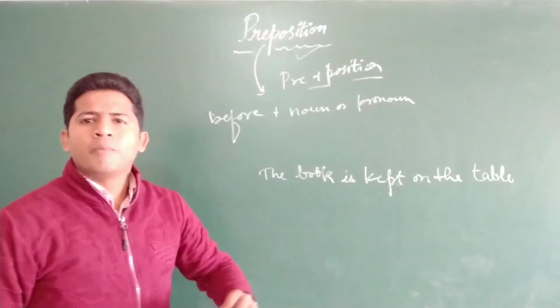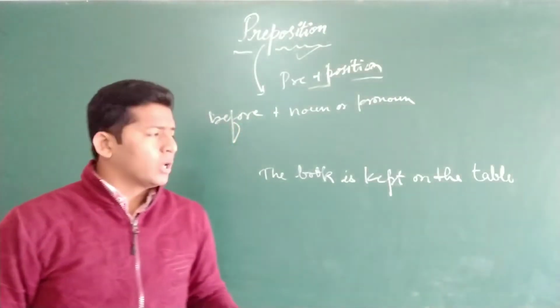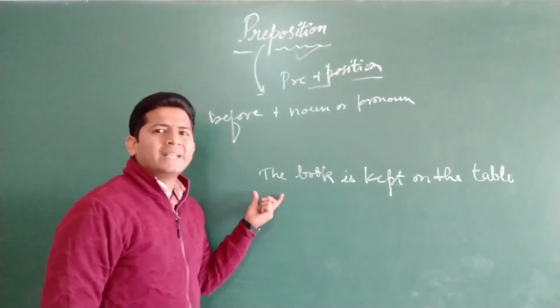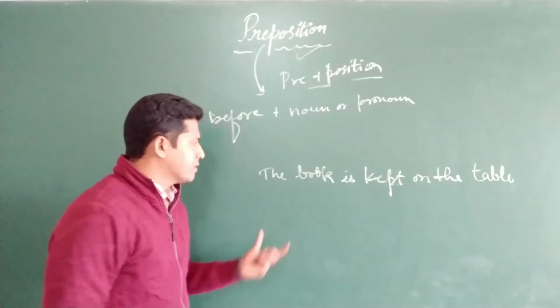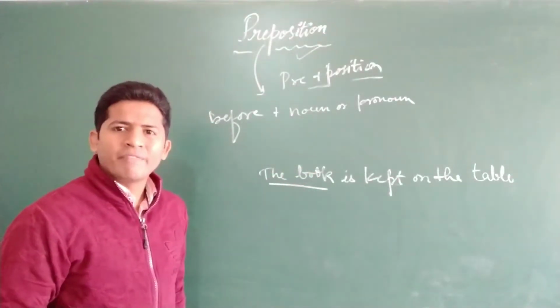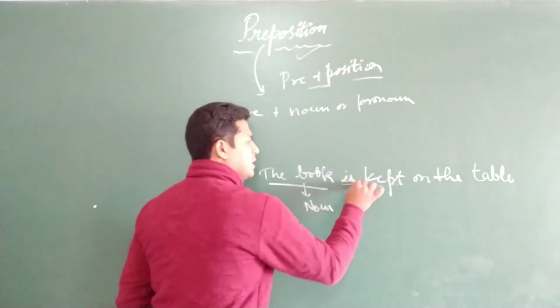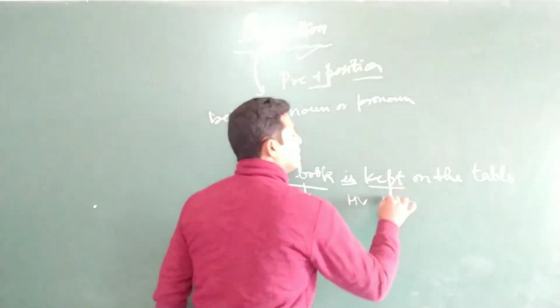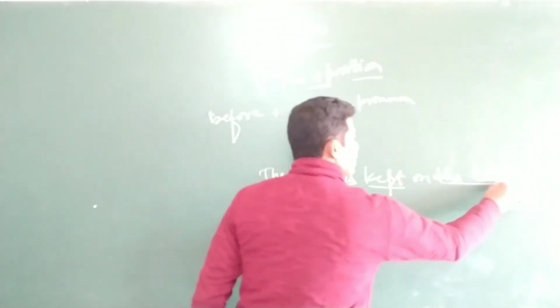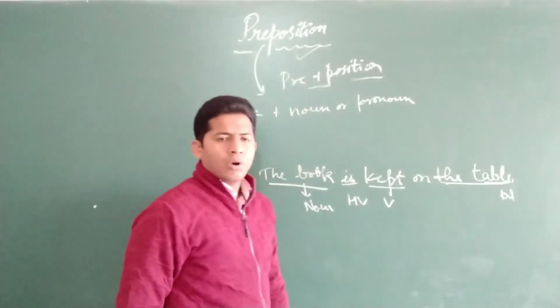I told you, while finding out any parts of speech, you have to check what role it does in a sentence. We are talking about the book. This is the name of a substance, so this is a noun, right? Is is a helping verb. Kept is a verb. The is an article, table is an object which is again a noun.